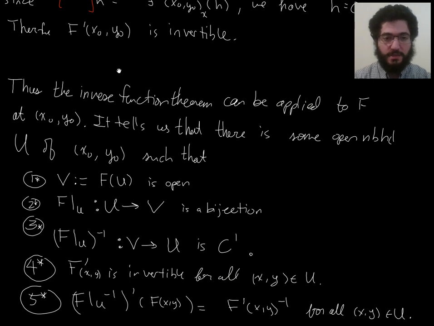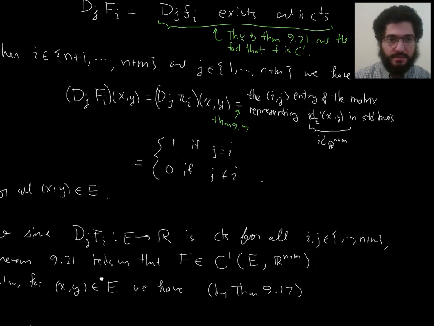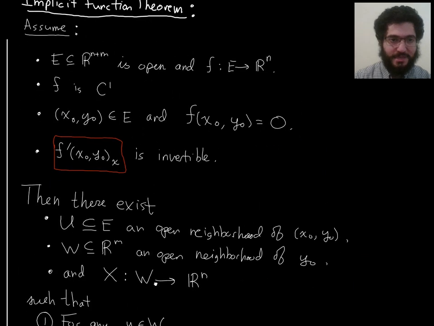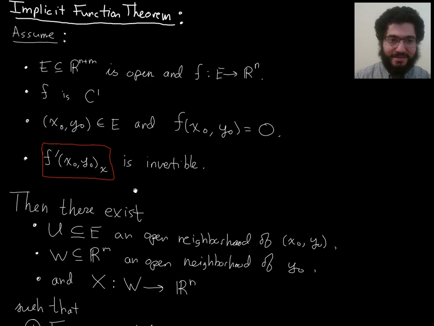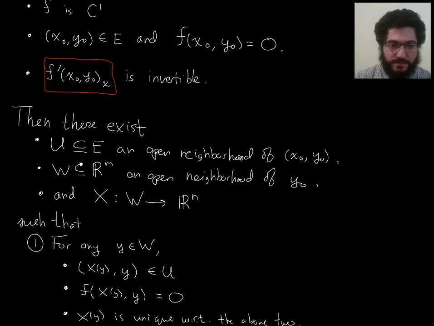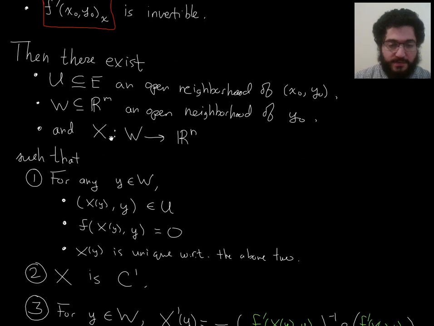Yeah, so our goal, I guess, is to define, let me go back to the statement of the implicit function theorem. We've used these assumptions now, and we've used the inverse function theorem and gotten an inverse for capital F. Our goal is to define this function capital X, which is going to be a function of little y.